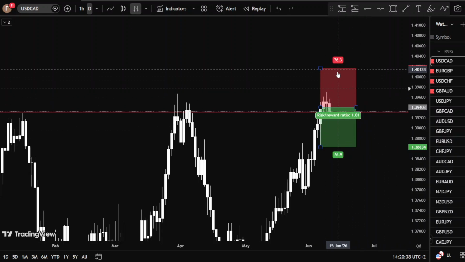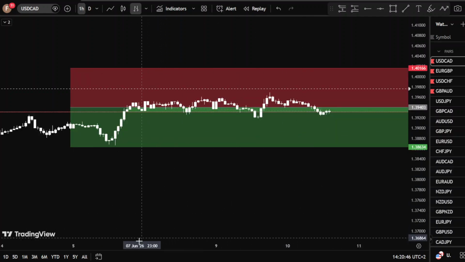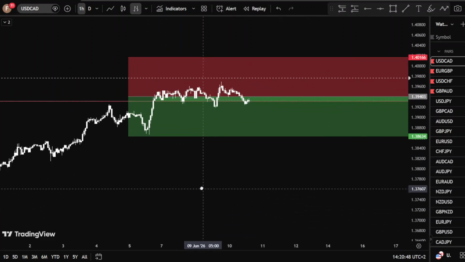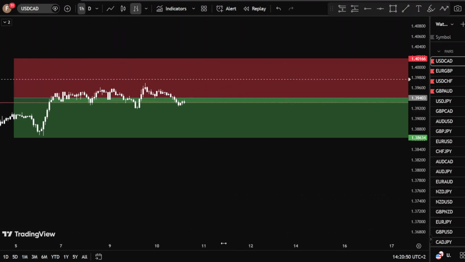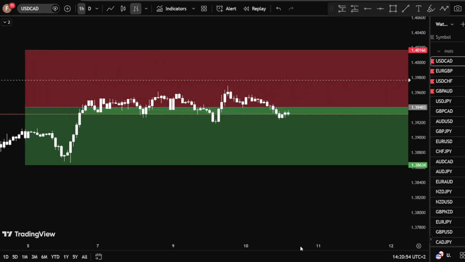But I set it up this way so I can look at it more, see how price does on the 1 hour just a little bit. You don't have to overthink this, but just see how price reacts.